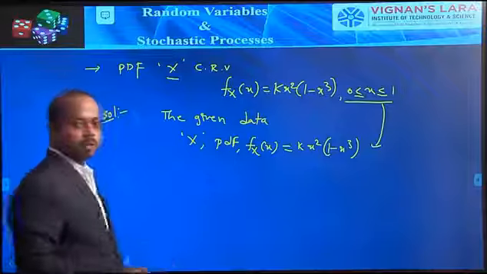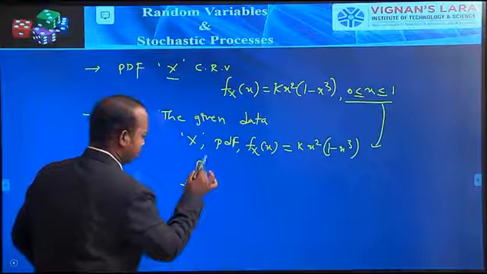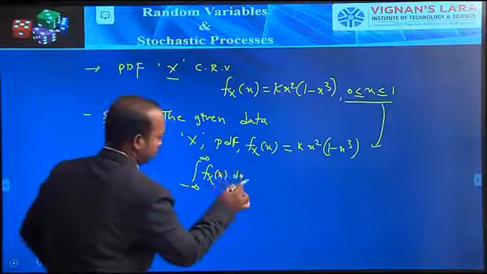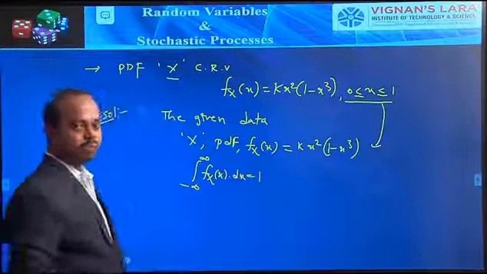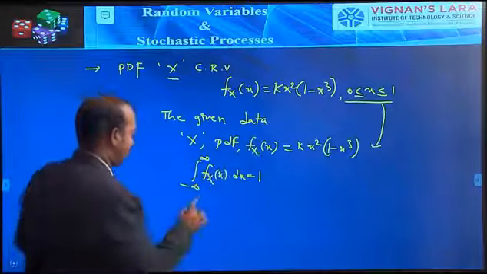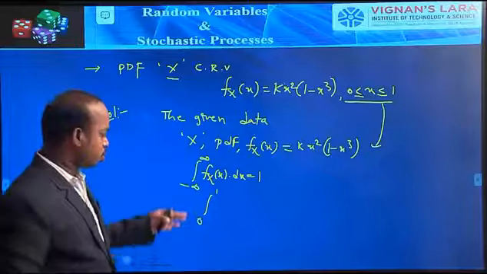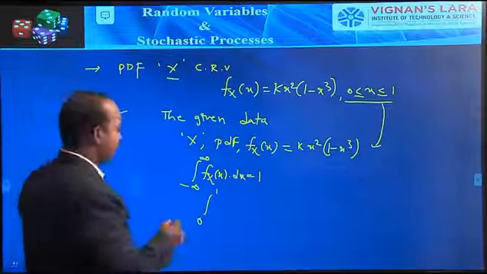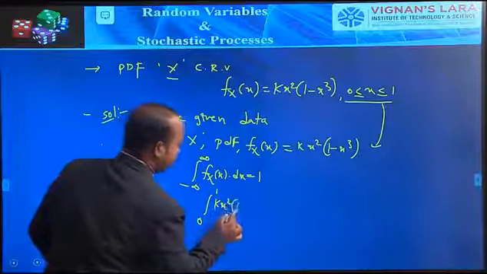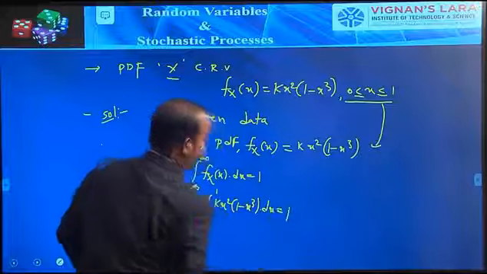According to the second property of the probability density function, the integral from minus infinity to plus infinity of fx of x into dx is equal to 1. Here the range is 0 to 1, so the lower value is 0 and the higher value is 1, and the given function gives the integral of k x square (1 minus x cube) dx equal to 1.